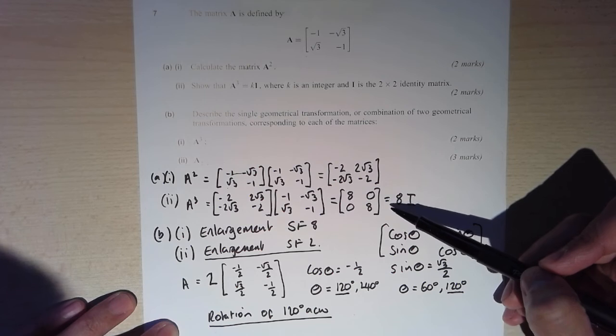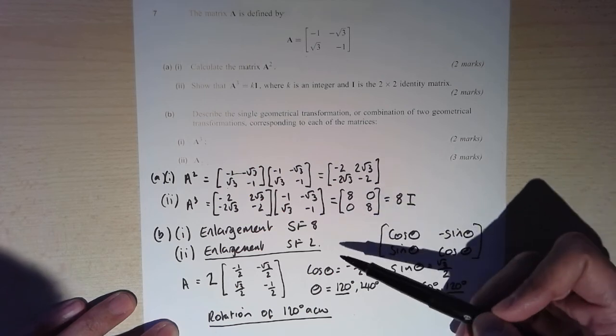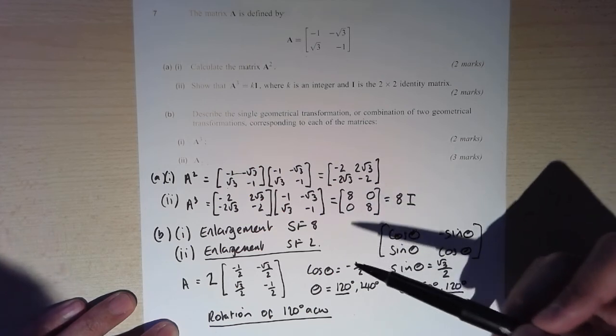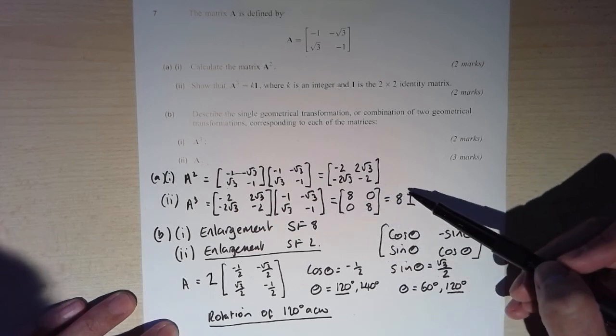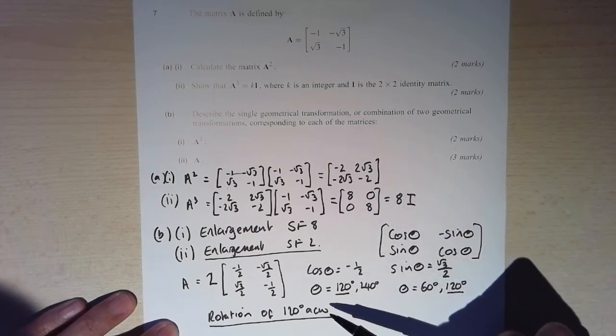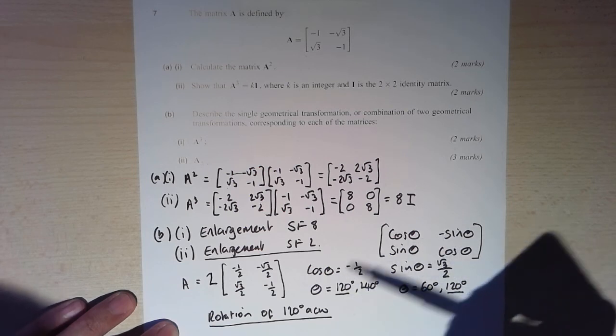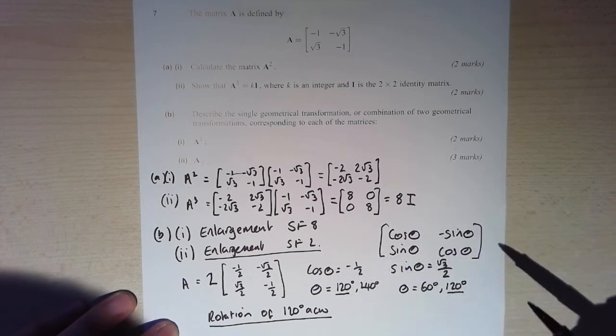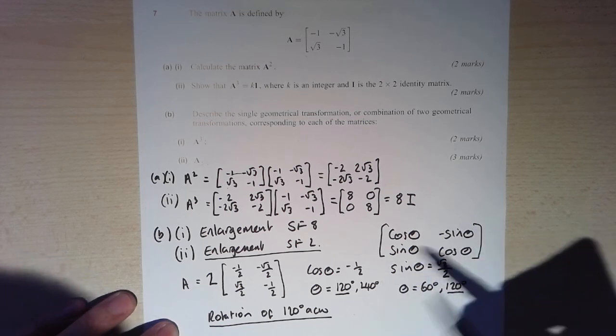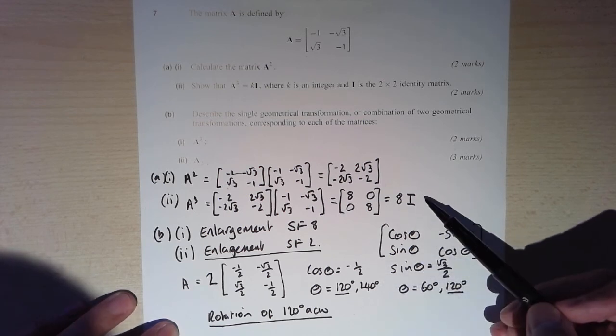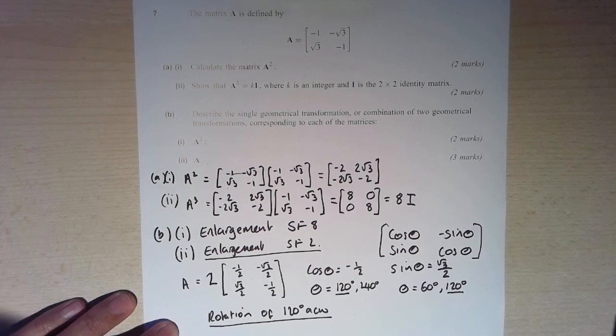And by the time I get to A cubed, because the enlargement is a scale factor of 2 each time, 2 times 2 is 4, times 2 is 8, so that gives me that bit there. And a rotation of 120 degrees anti-clockwise, if I applied that 3 times, that would be 240, 360 degrees anti-clockwise, which brings me back to where I started again. So this does actually make sense.